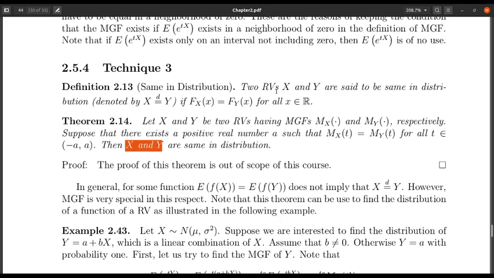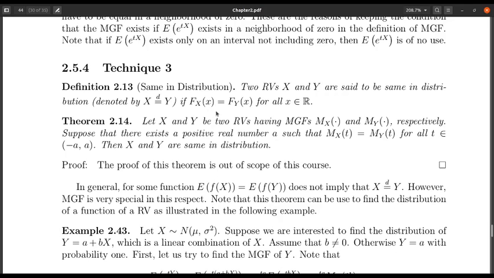Clear? So if the moment generating functions of two random variables are the same in a neighborhood of the point 0, then the cumulative distribution functions are going to be the same for all values of x. So the random variables are same in distribution. Now, the proof we cannot give, but this is a very important theorem. But keep one thing in mind: in general, for some function f, if the expectation of f(X) is the same as the expectation of f(Y), that does not mean that X and Y have the same distribution.